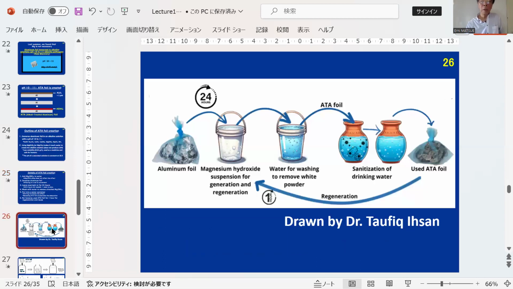So this is the scheme: aluminum foil in the net, magnesium hydroxide suspension, wash with water, and put into the water container, the water pot, to absorb bacteria, microbes, and clean the water. Then the used oil is regenerated and reused.